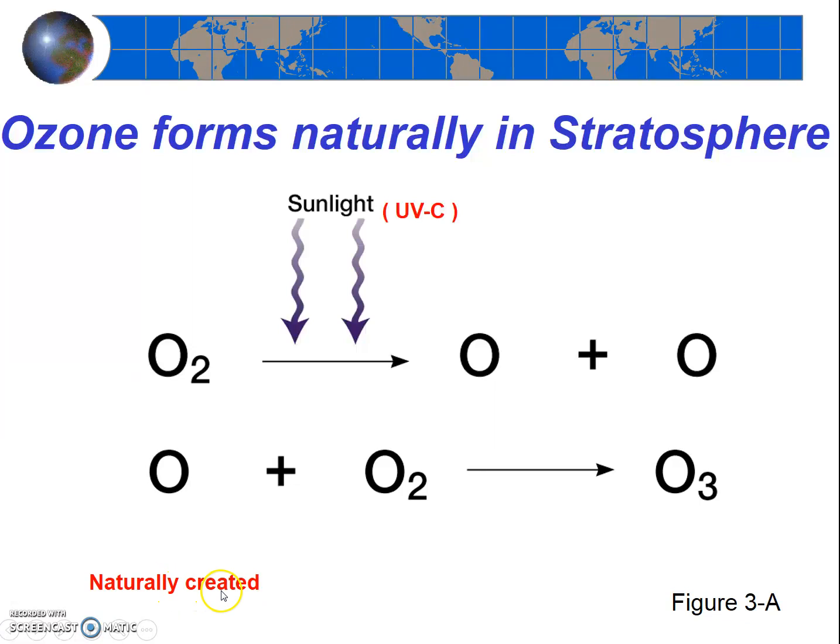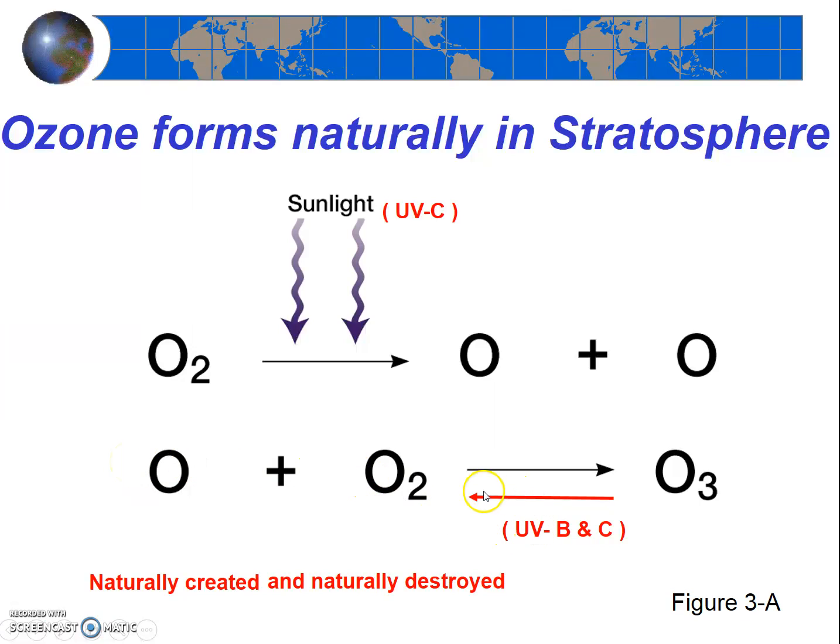Ozone is also naturally destroyed in the stratosphere, when ultraviolet radiation breaks down an ozone molecule back into diatomic oxygen and an oxygen atom.